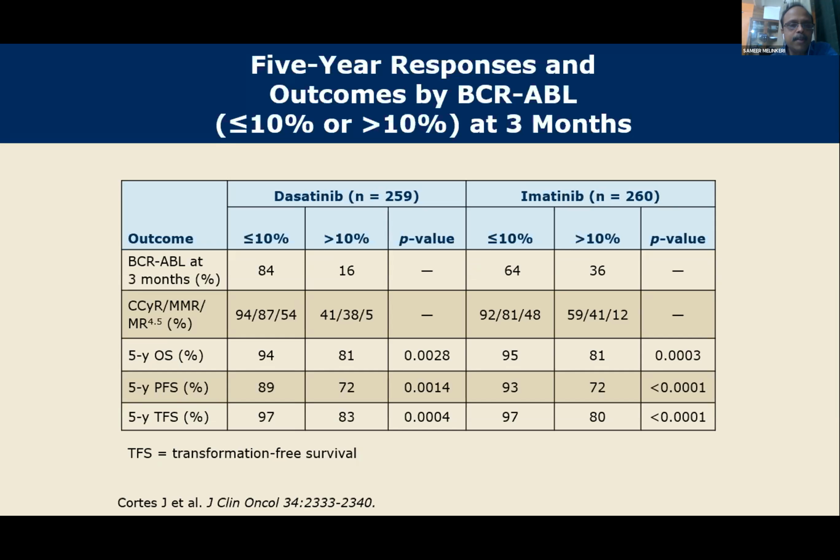So if you were less than 10% at 3 months, you had a better chance of an overall survival, a PFS, and a transformation-free survival. And this is followed by many around the world in the guidelines as well. That if you haven't responded well at 3 months, you could decide to change from first generation to second generation TKI.